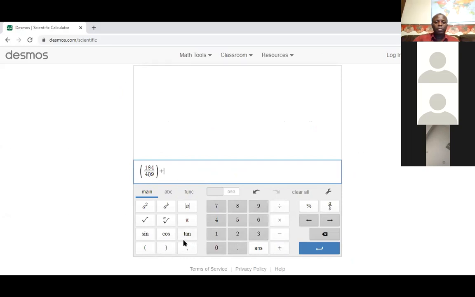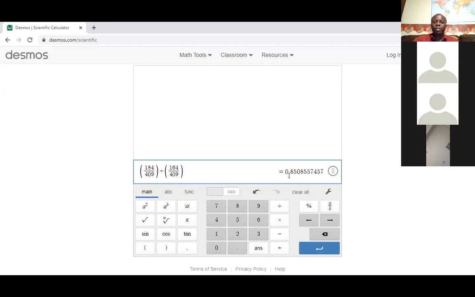Then plus 164 over 409. I'm sure that you notice that I always put them in parentheses. It is just to make sure that it follows the order of operations. Sometimes if you don't put them in parentheses, the calculator will do only one part and not the other ones. Therefore, you may not follow the order of operations. So if you're putting them in the calculator directly, put them in parentheses so that you'll be sure that the calculator follows the order of operations.